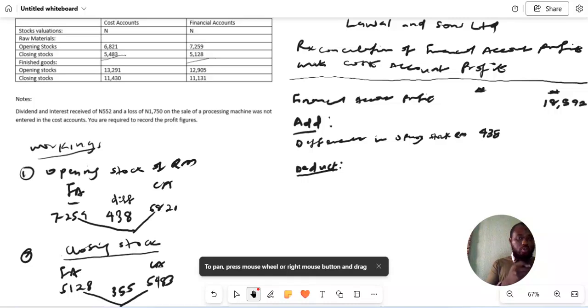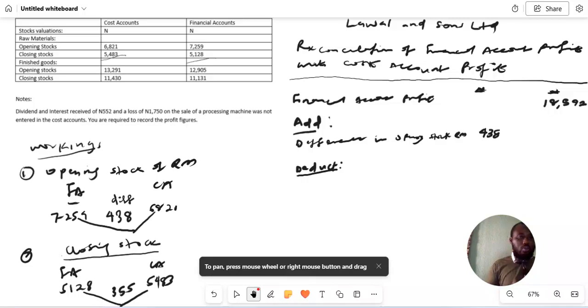So for us to be able to bring back the profit to what it should be based on the cost accounting declared profit, we have to add back the difference in the closing stock to the FA profit because it is lower. If the FA is higher, it would have been deducted. But in this case, it is lower.